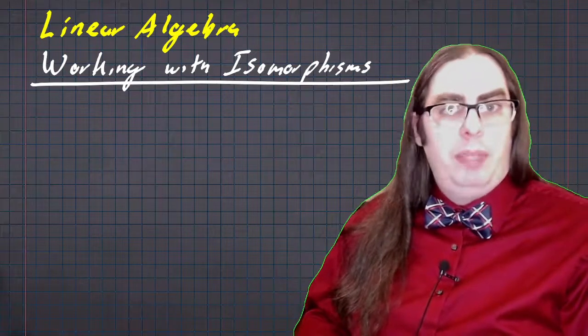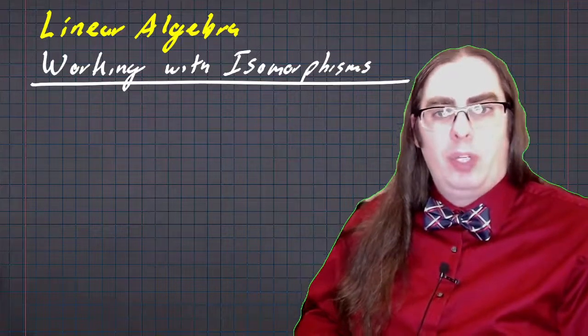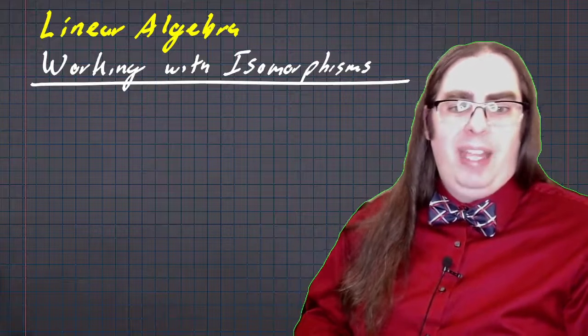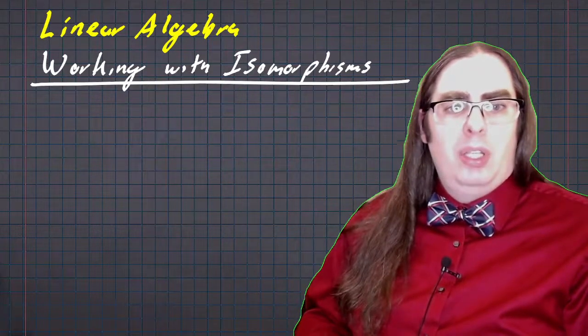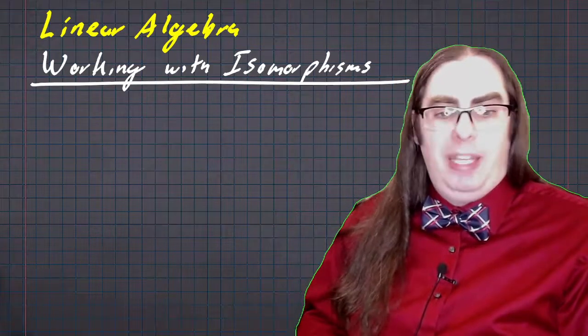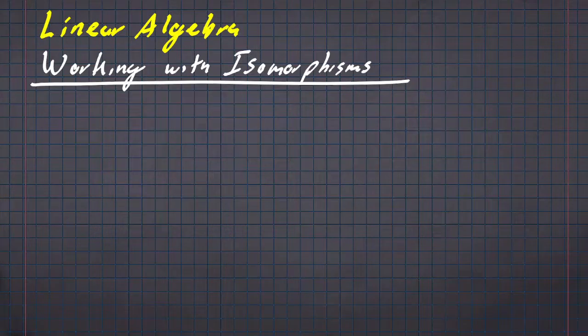The goal there being taking something that you are familiar and comfortable with working with and using that instead of a more unique, unfamiliar space and properties. So without further ado, let me get my head out of the way and let's dive in.